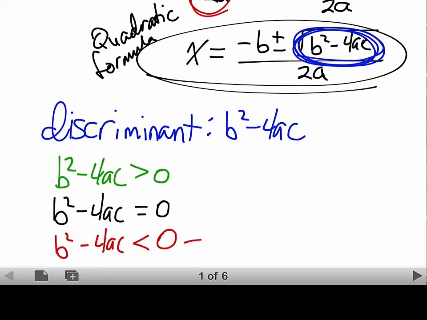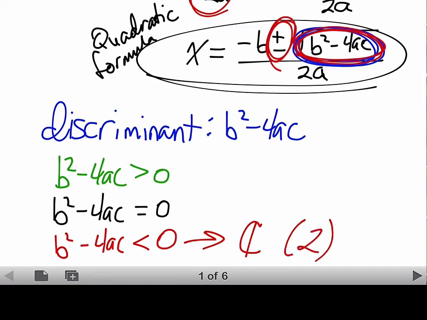If the discriminant is negative, that means we have a negative inside the radical, and that's going to give us complex solutions. And because of the plus or minus, we're going to have two of them. If the discriminant is 0, then we're only going to have one solution, because if you add and subtract 0, you don't get anything different. And that solution is going to be real.